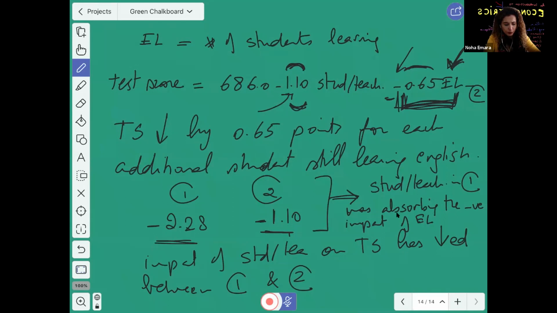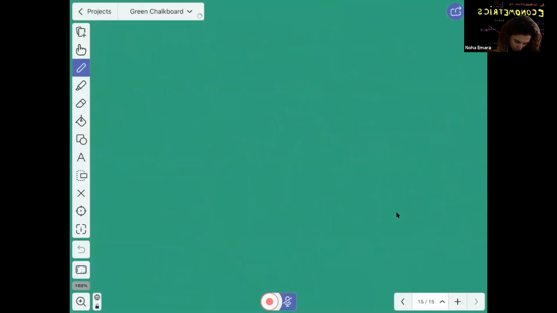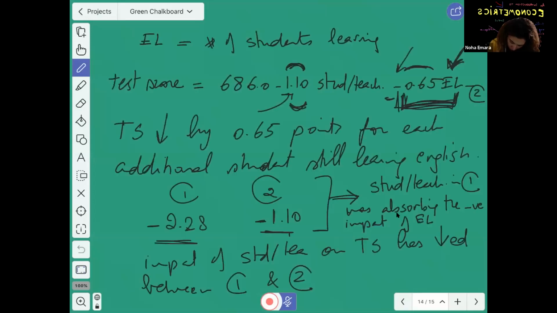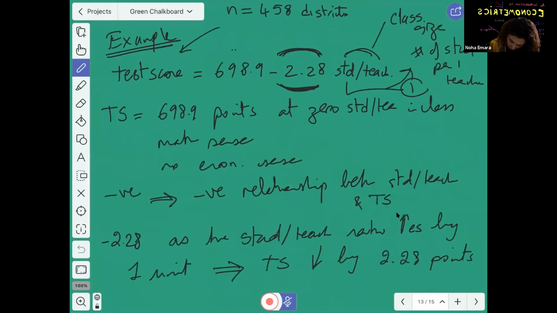So the other thing I want to show you is a continuation of this example. This is just an example. Let me type this question related to this example.